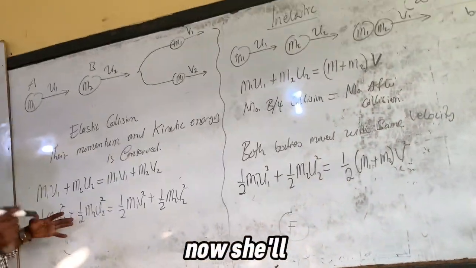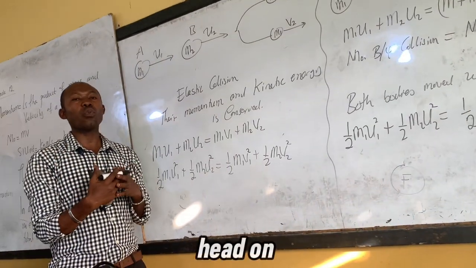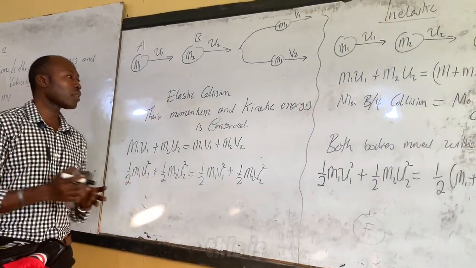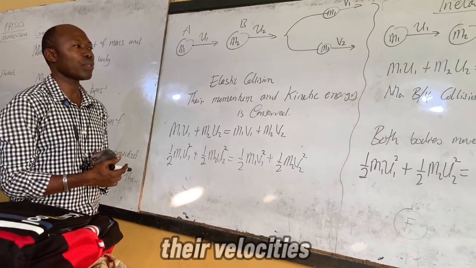In a nutshell, when two objects come together and collide head-on, this is how to calculate their respective masses and their velocities.